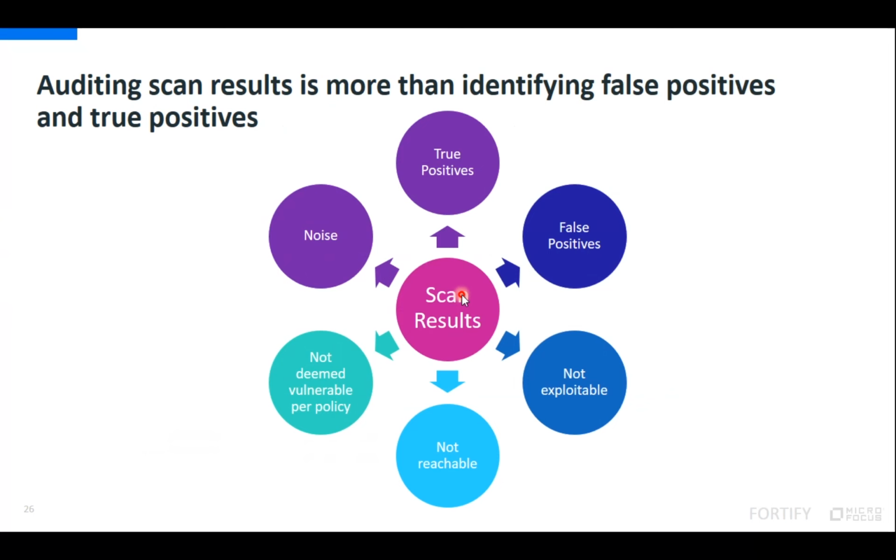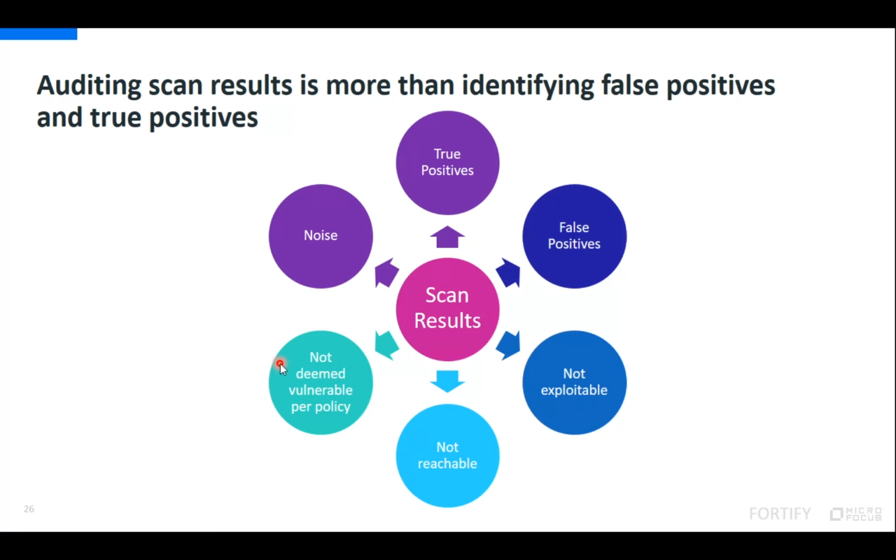In addition to that, Fortify helps us in identifying false positives and true positives. When we talk about audit results, there can be many things associated with that. There can be false positives as well. Not that we do not have false positives; we do get false positives as well. There will definitely be true positives. There will be results which are not exploitable, but still identified because they might not be as per best practice. They might not be written the way they have to be.